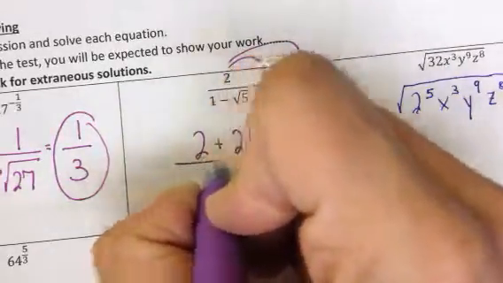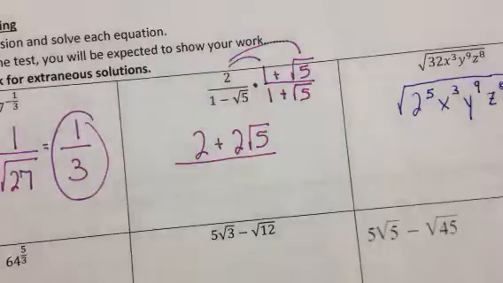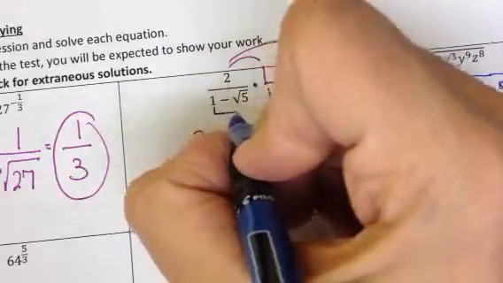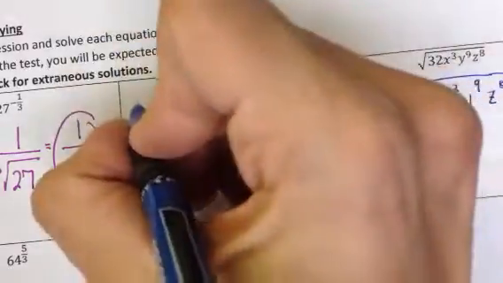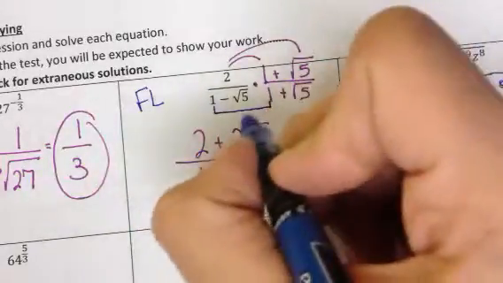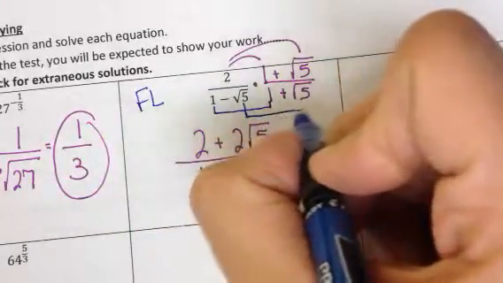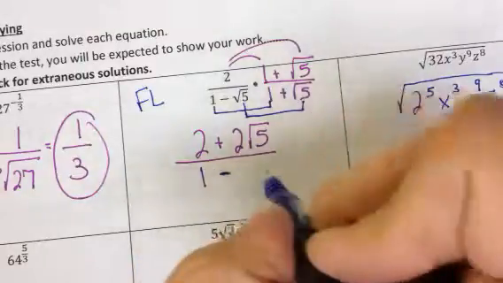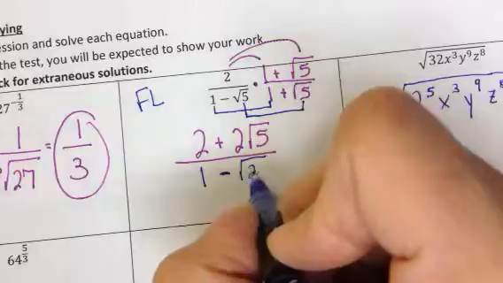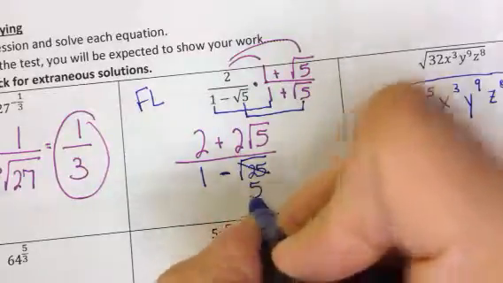And then in the bottom, we talked about that this thing, the conjugate, works because if you have FOIL, first, outside, inside, last, you actually just need to do the F and the L. We called it FL. So I'm just going to multiply 1 and 1 for 1, and then the negative square root with that. So the minus is going to come along, and the square root of 5 and the square root of 5 multiplied is the square root of 25, which just changes to a 5.